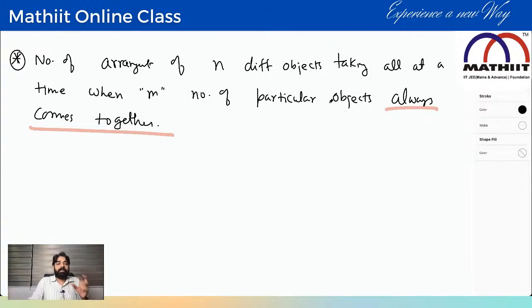First thing, the m objects want to come together, so remove those and keep them inside a box. How many objects are left? n minus m objects left.